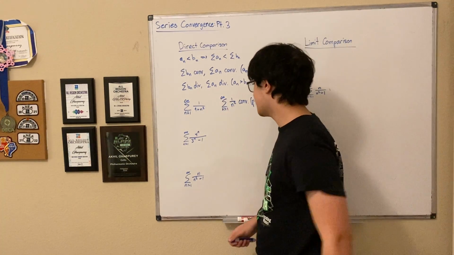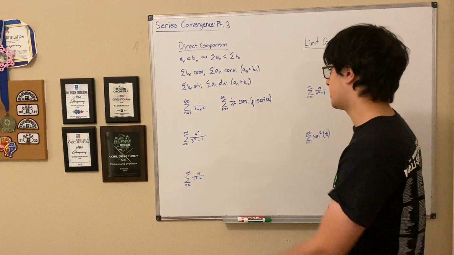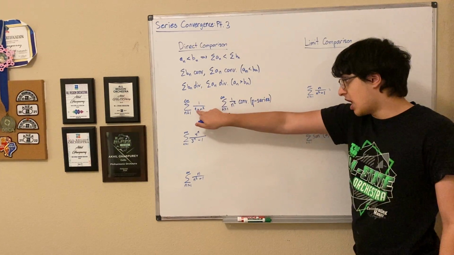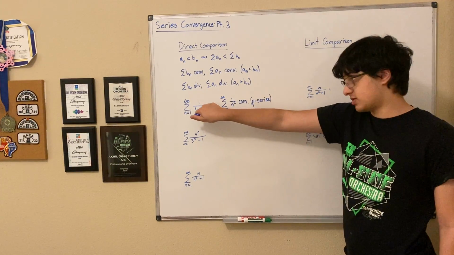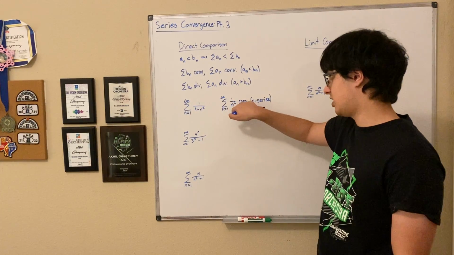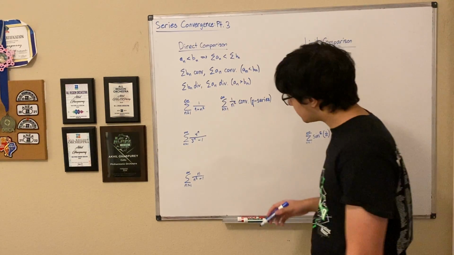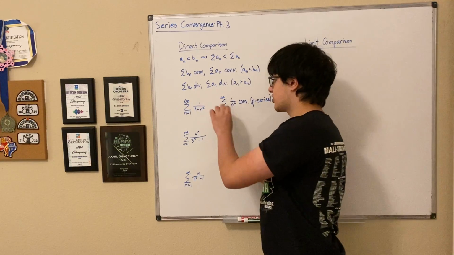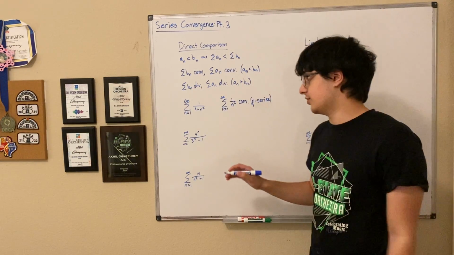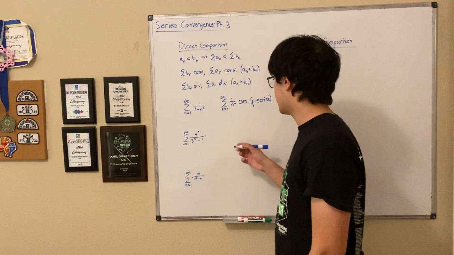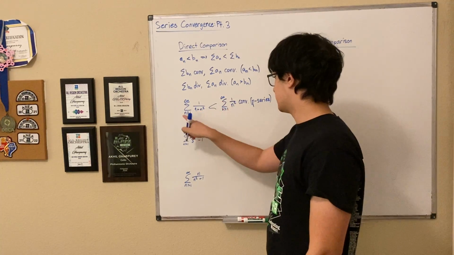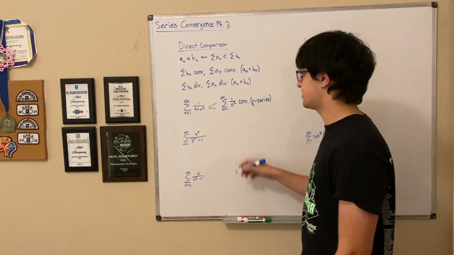So, what is the relationship between 9 plus n squared and n squared? Well, the denominator for this series right here is greater than the denominator here. So, if the denominator here is greater, the overall value is going to be smaller. Therefore, this series right here is smaller than this series.